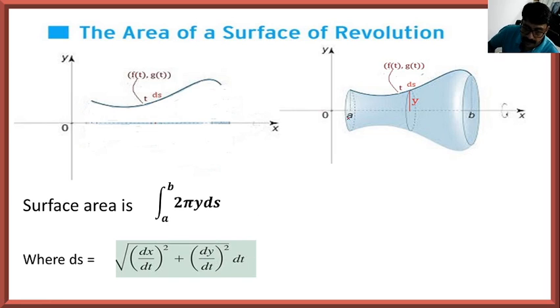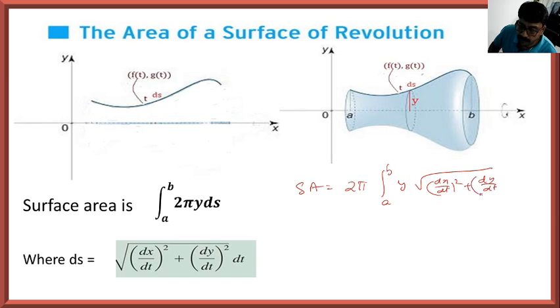Therefore, the surface area is 2 pi, you can take it outside, integral a to b y times square root of (dx by dt) the whole square plus (dy by dt) the whole square dt. So this is the formula for finding the surface area of revolution of a curve when it revolves about the x-axis.